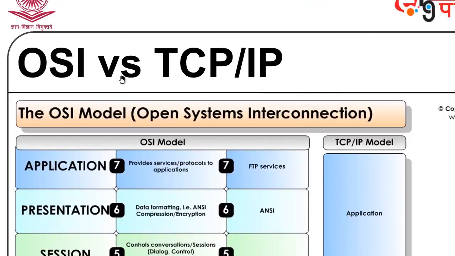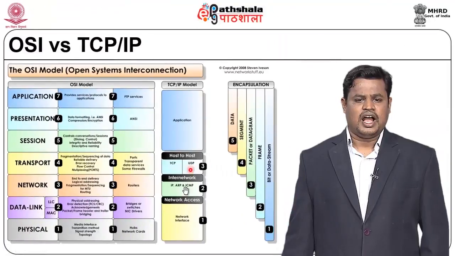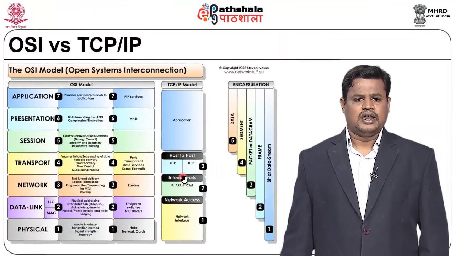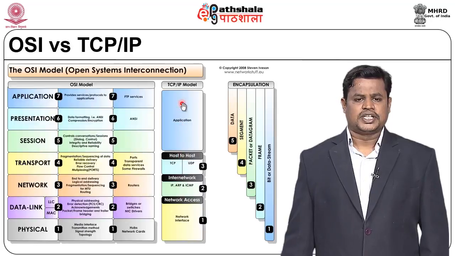OSI versus the TCP/IP model. As I have mentioned, the TCP/IP model has only 4 layers: network access layer, internet layer, transport layer and application layer.